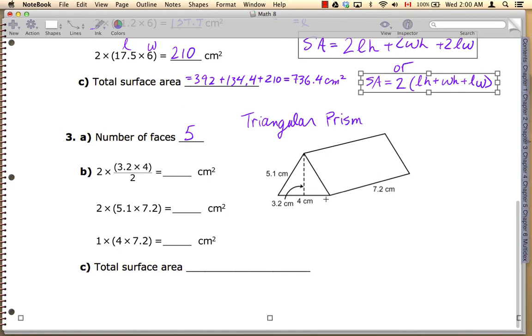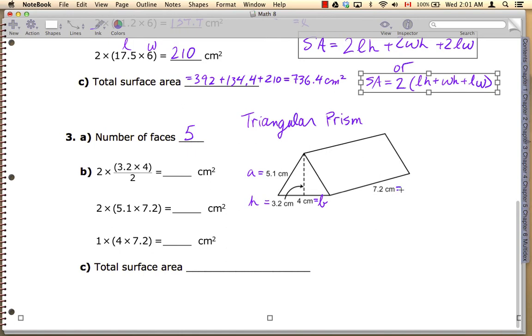So what I'm going to do here is start labeling some sides. I'm going to call this side A, and I'm going to call the bottom here B, although really it's the base of this triangle. I'm going to refer to the 3.2 as lowercase h. It's the height of the triangle.